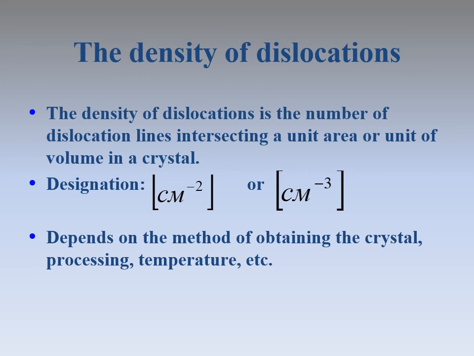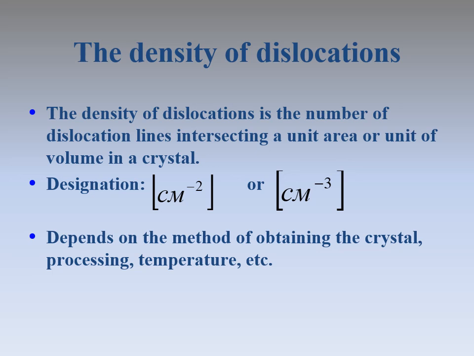In crystals grown by conventional methods of melt crystallization, the dislocation density is about 10,000 centimeter minus 2. By varying the conditions, this density can be reduced to 1,000 centimeter minus 2. As a result of plastic deformation, the dislocation density increases several times. The best semiconductor crystals obtained by growing have a dislocation density of maybe 100, maybe 1000 centimeter minus 2, and even more per square centimeter.